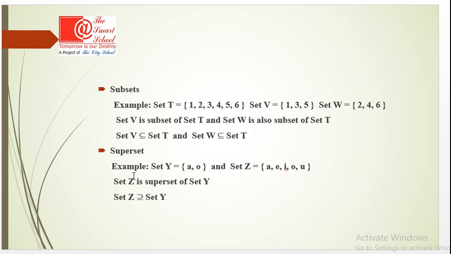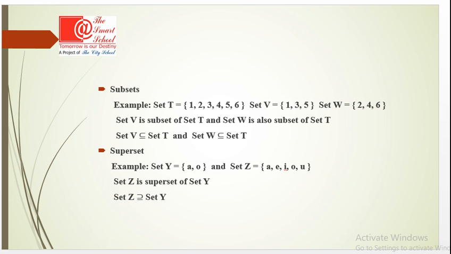For example, set Y has elements A and O, and set Z has elements A, E, I, O, U. So set Z is a superset of set Y, and we write it as set Z is a superset of set Y. And as I told you that superset is the opposite of subset, so this symbol is also opposite. This is the symbol of subset and this is the symbol of superset, which is opposite.